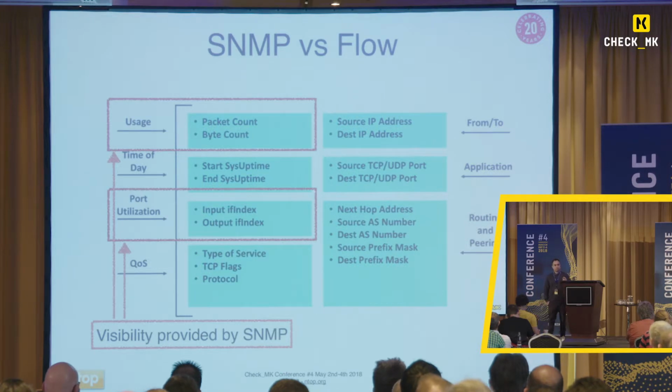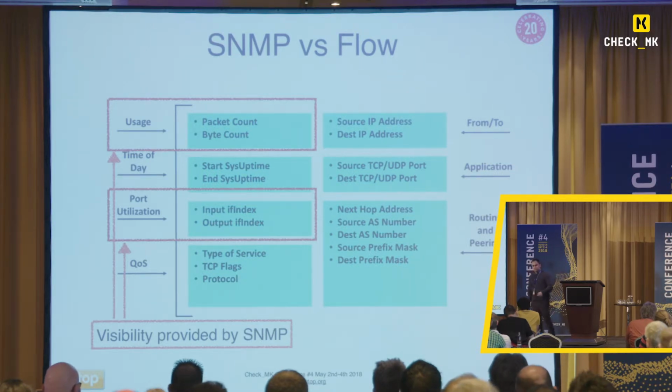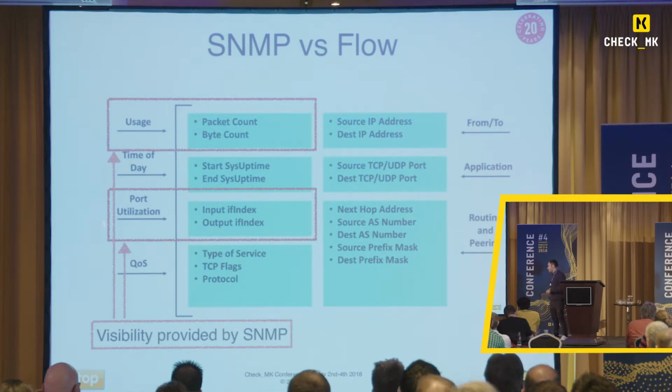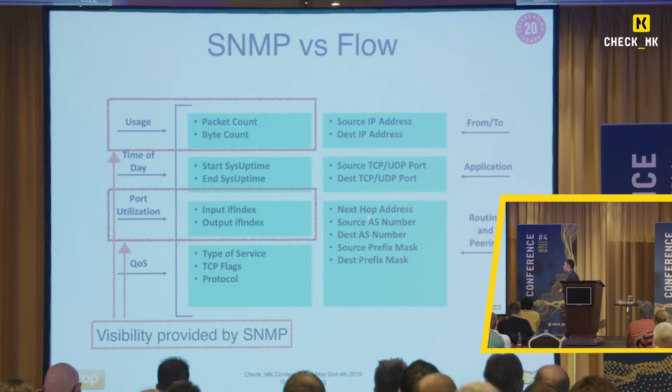Let's try now to create a connection to see how we can relate a traffic flow with SNMP. With SNMP, you have basically information on bytes and packets counters and the input and output interfaces. If you use flows to monitor your network, then you have an extra series of information elements available to improve the monitoring.